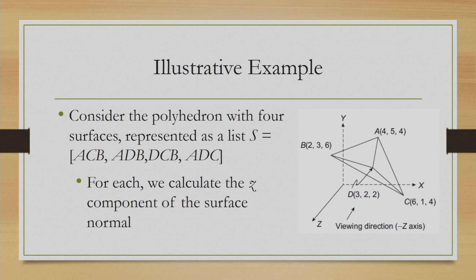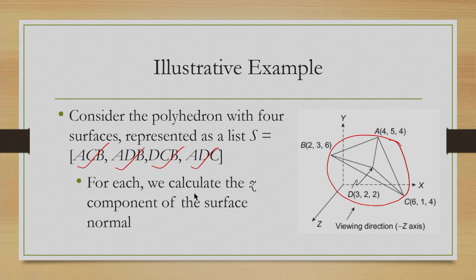Let us consider one example. Suppose this is our object. It contains 4 surfaces: ACB, ADB, DCB and ADC. 4 surfaces are there. So, for each of these surfaces we perform the back face elimination method.